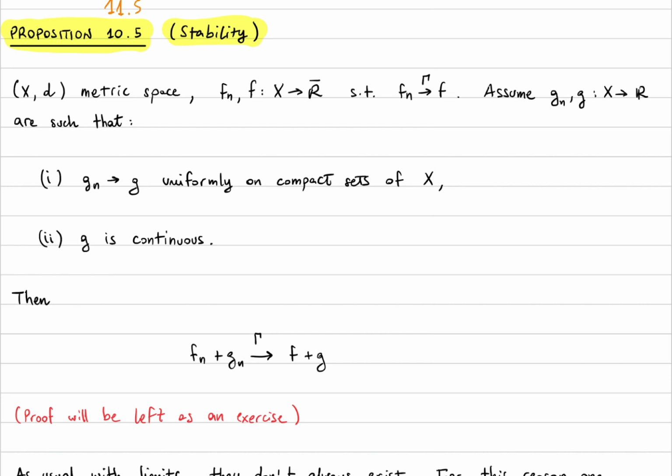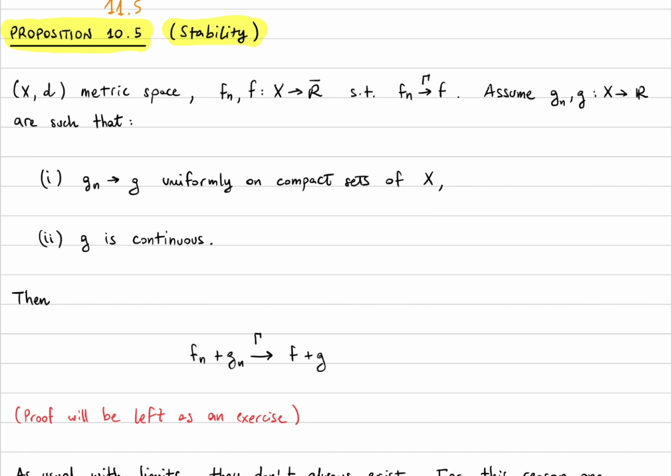It's telling you that if you have a sequence which is converging uniformly on compact sets, and the limit is continuous, then this does not alter gamma convergence. So basically you just take the gamma limit here and the pointwise limit here, and you obtain the gamma limit. And the proof of this proposition, I will leave it as an exercise for the exercise course.